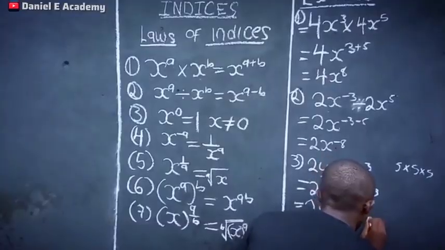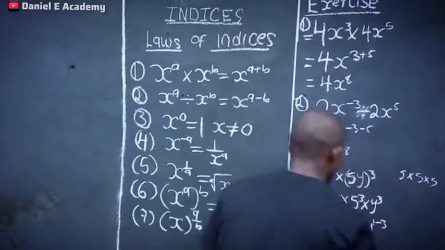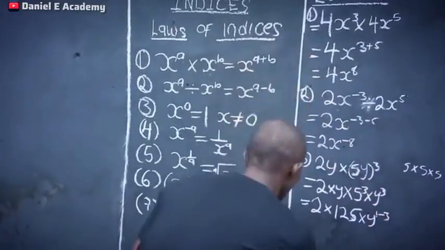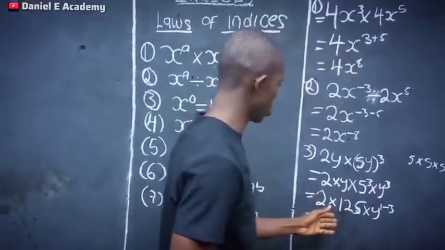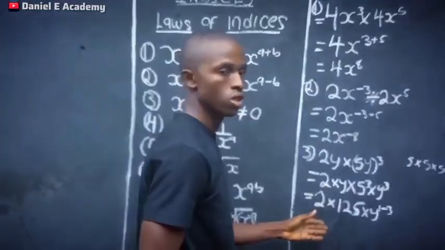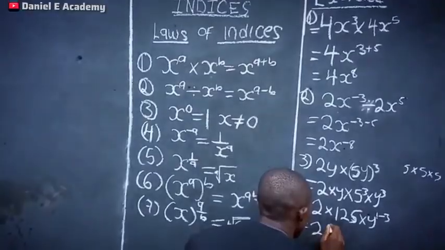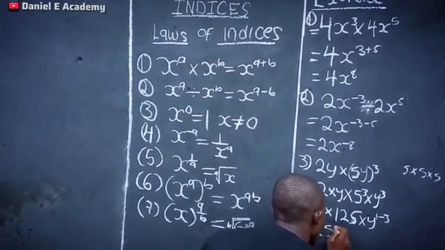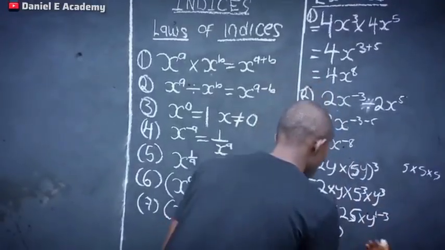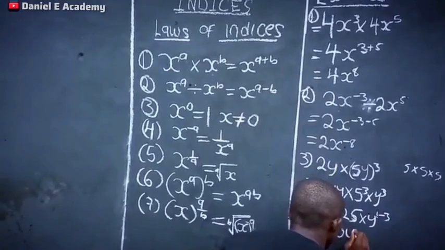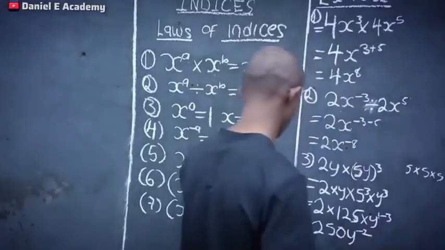So y to the power of 1 minus 3. Our final answer will be 2 multiplied by 125 to give us 250, and 1 minus 3 will give us minus 2, so y power minus 2.